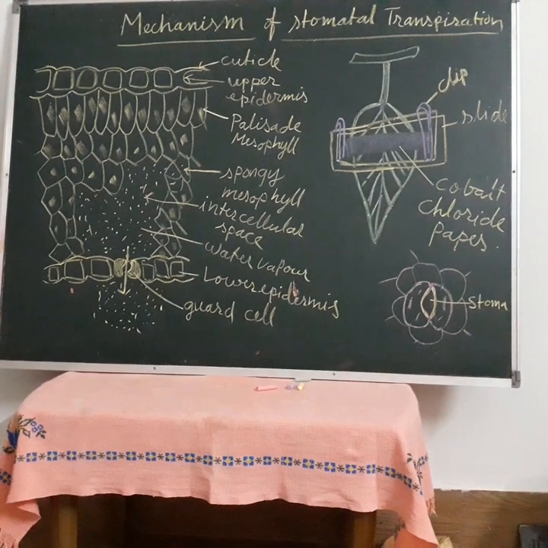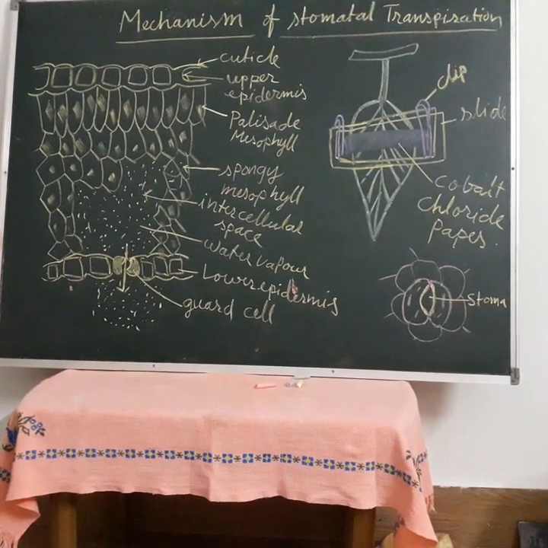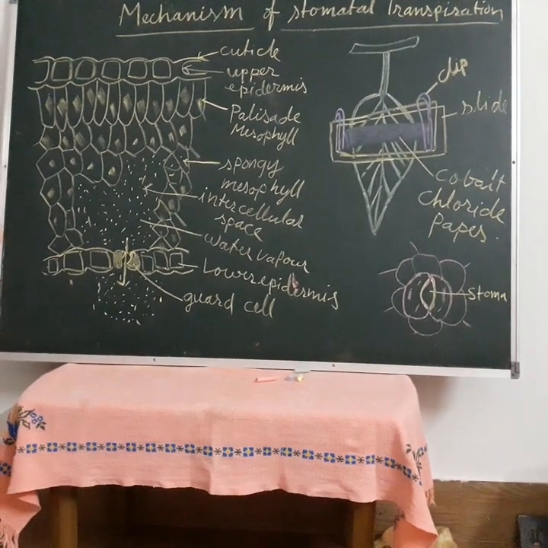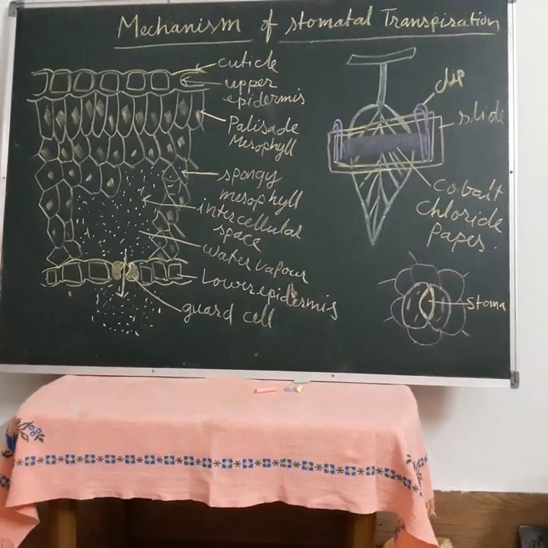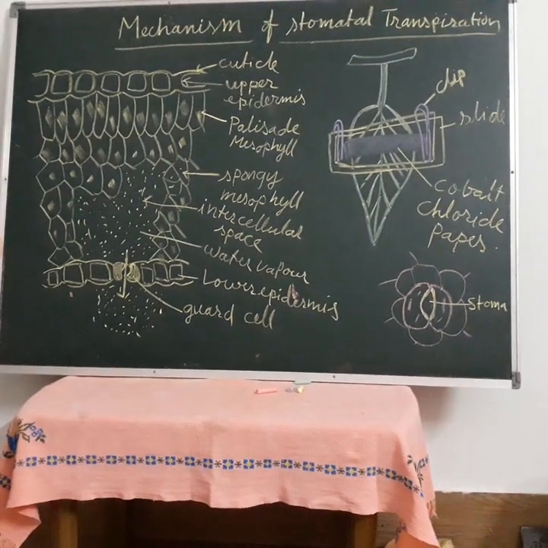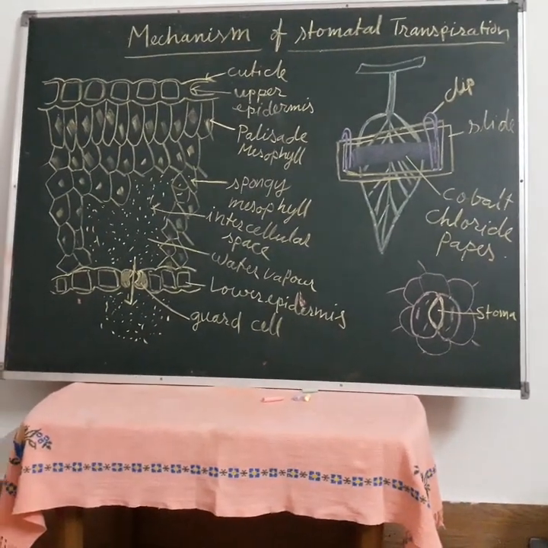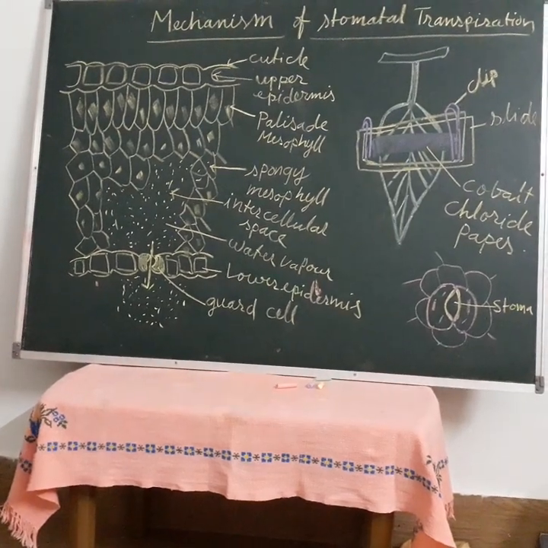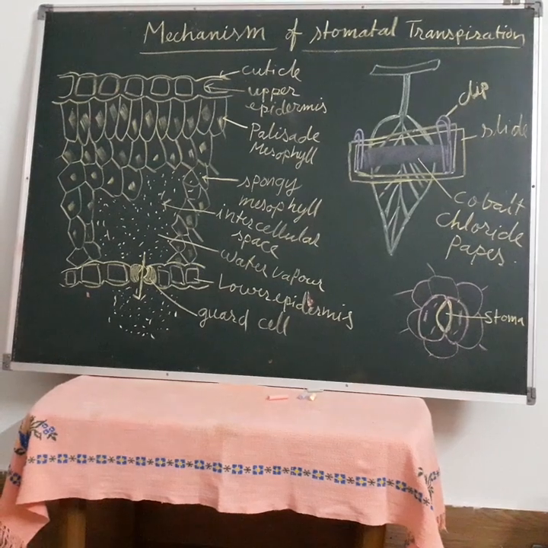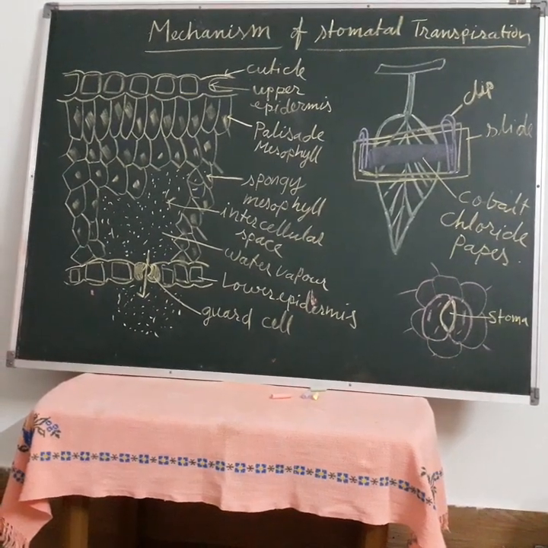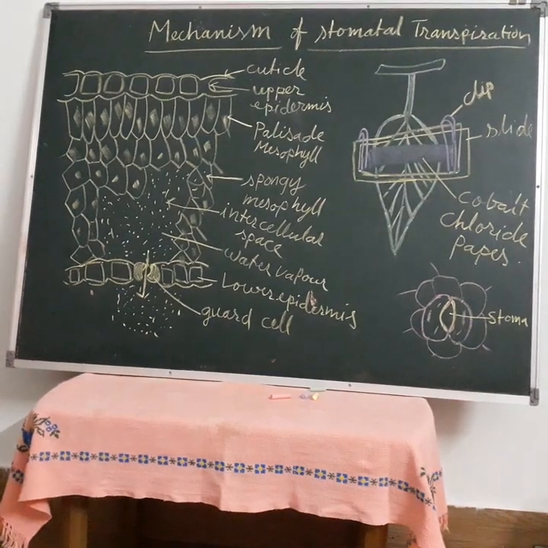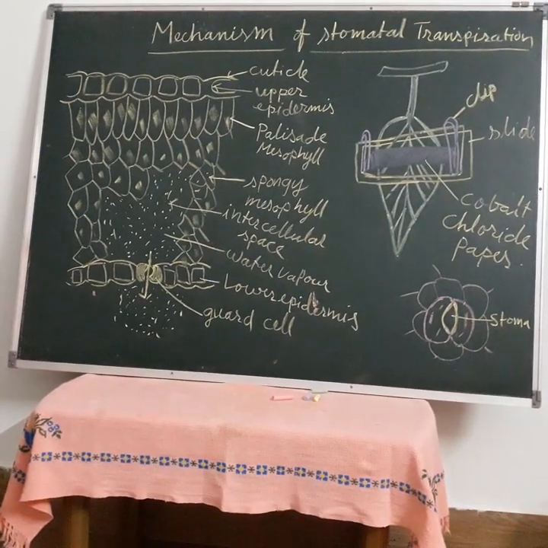This statement also will sometimes be given to you, and you will be asked to write the reason for it. The correct reason is that in the midday the rate of transpiration is higher than the rate of absorption, and that's why the leaves wilt, which we call मुरझा जाना, wilt down. And in the evening the rate of transpiration is lower than the rate of absorption. That's why they recover in the evening and stand erect.